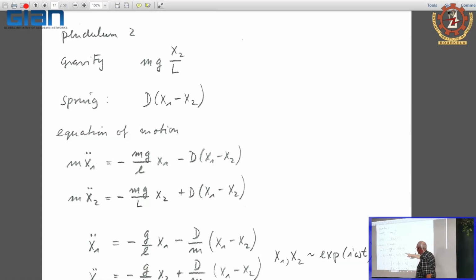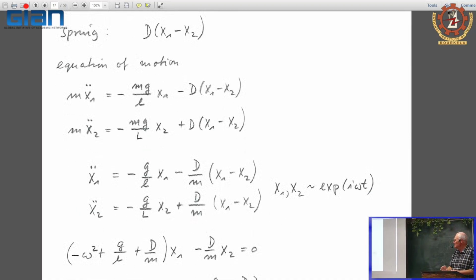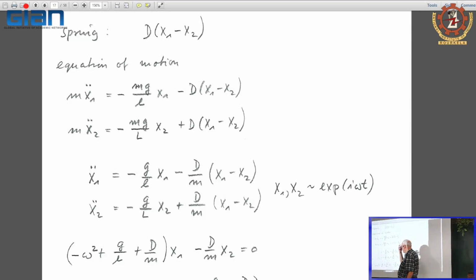The opposite sign here for the second pendulum. Now, rearranging these two equations of motion, we are left with a system of two differential equations with respect to time, where we have the acceleration given by the gravitational forces and the spring forces.